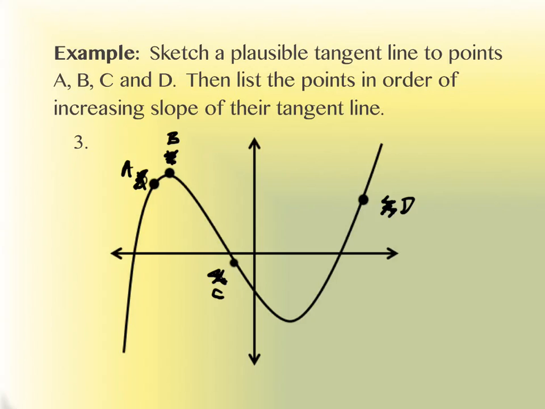Green will work. Let's take a look here. If I'm taking this green as my straight edge, I might think that it's like this, or I might think that I'm doing like this. The goal is to get as close as possible on both sides of the dot and then to draw the line in there as straight as I can. Okay? That's the general idea for a plausible tangent line.